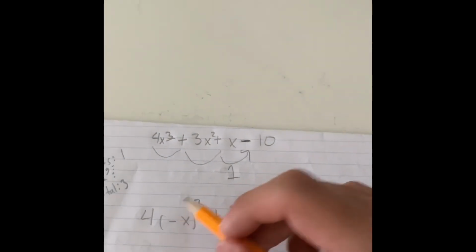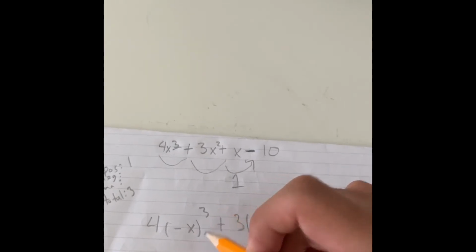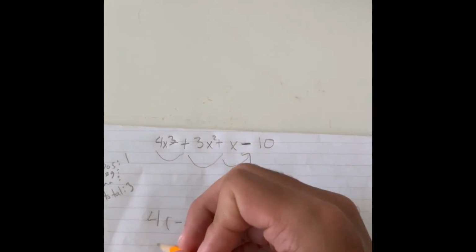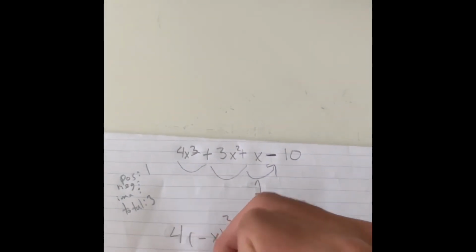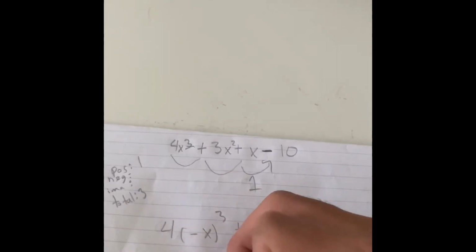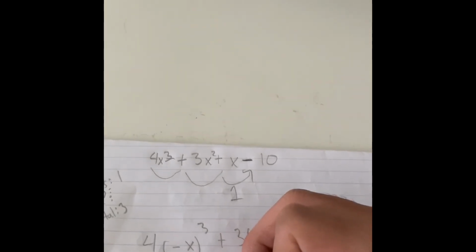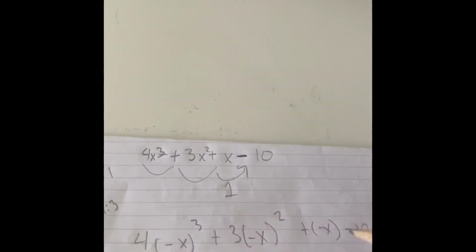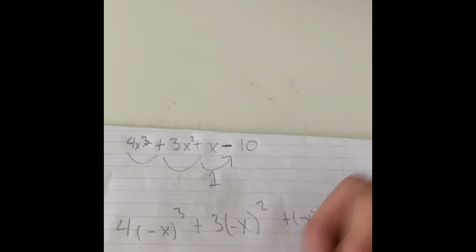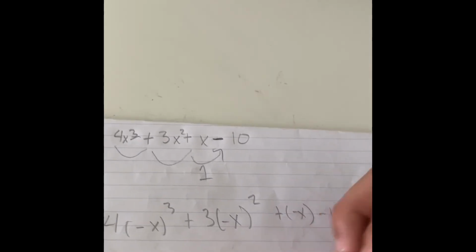All right, from here, now we just look at here, and remember the odds make it so it changes. So now it's negative 4x cubed. Even makes it the same, so keeps it the same. 3x squared minus x minus 10.